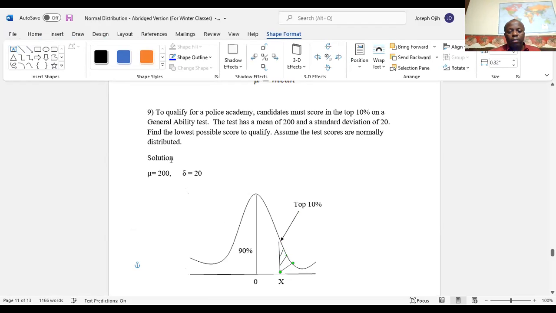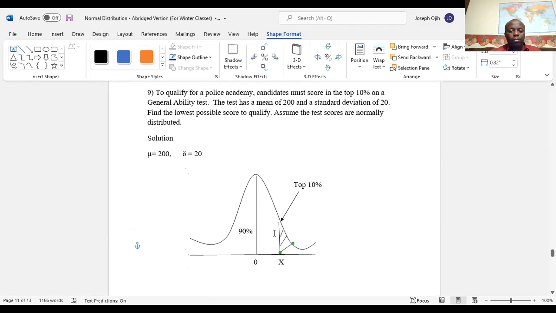To get all this, you know that when it's at the tail, you subtract. The score has to fall here.